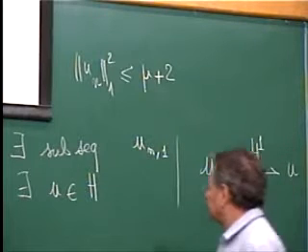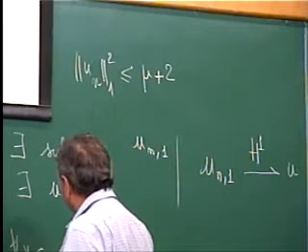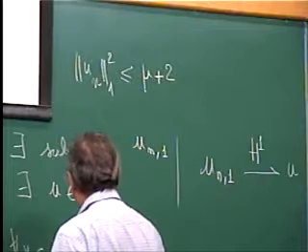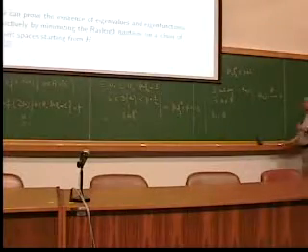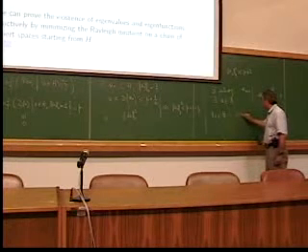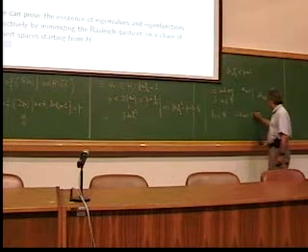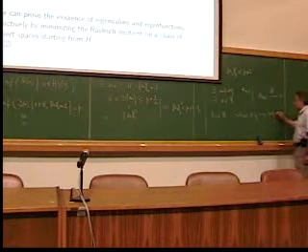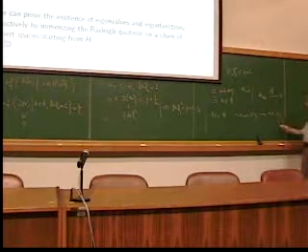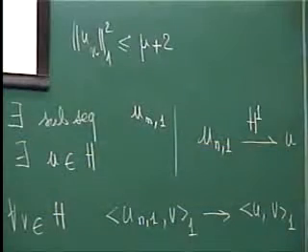Okay, this means the following, that for any v in H, the scalar product of u_{n,1} with v tends to the scalar product of u with v, the scalar product in H1. Okay?